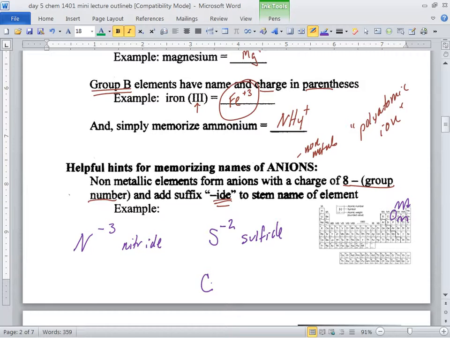So find carbon. Negative 3? Negative 4. Negative 1, 2, 3, 4. Negative 4. And you'd call it... Anybody help her out? Carbide. So all these ides, just add the ides to them all. Okay. And we'll do a bunch more of those when we get to naming.